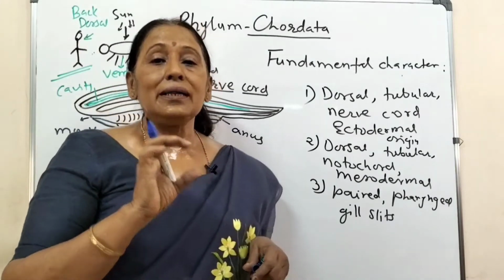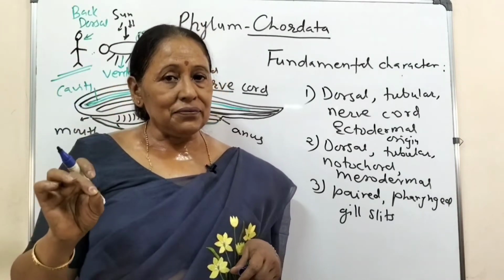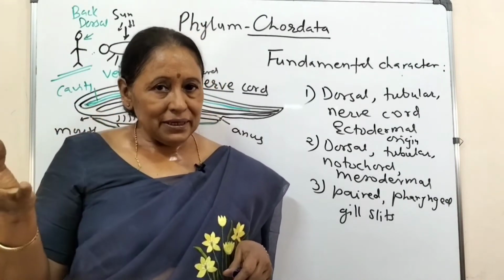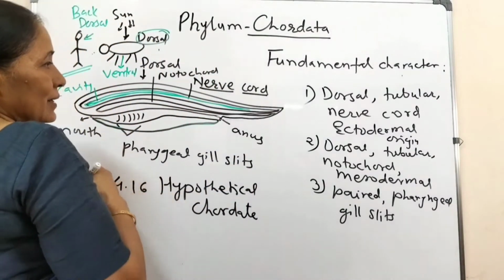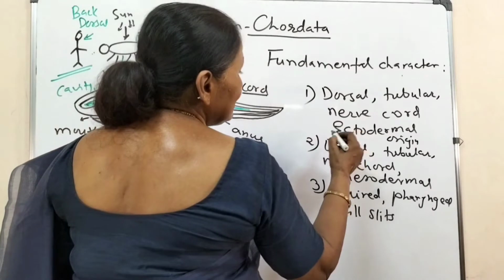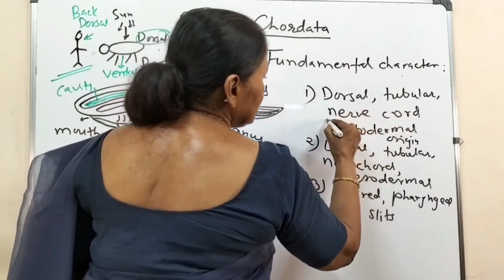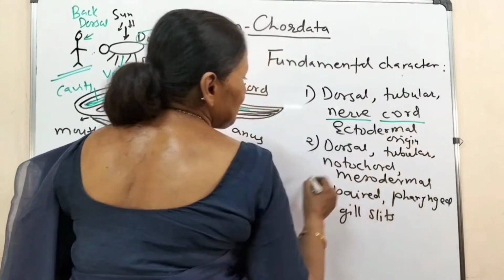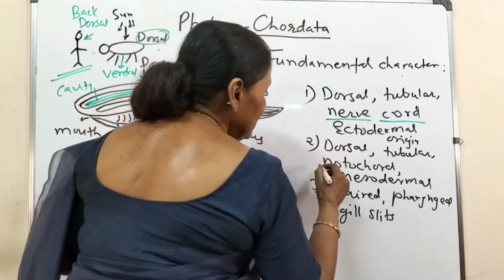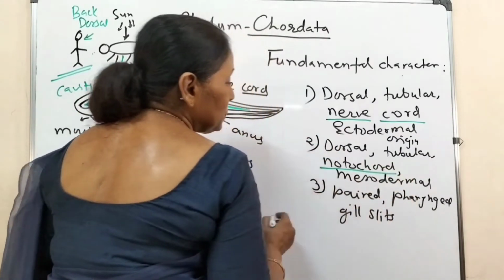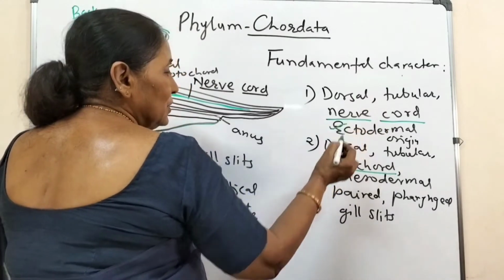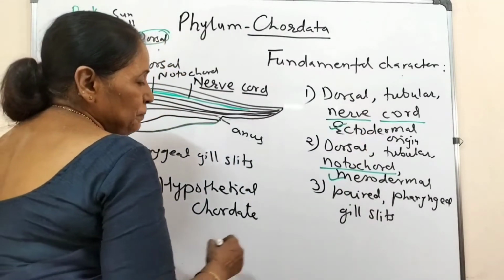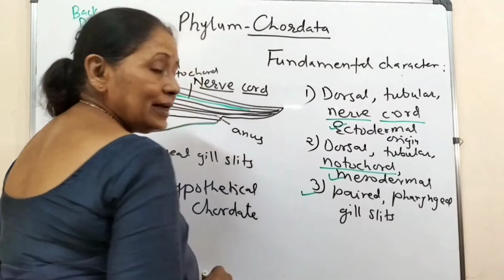Means the notochord is present in between the nerve cord and the alimentary canal. So these three fundamental characters which we have seen: dorsal tubular nerve cord, then dorsal tubular notochord. Notochord is of mesodermal origin, and the nerve cord is of ectodermal origin, and paired pharyngeal gill slits are also present.